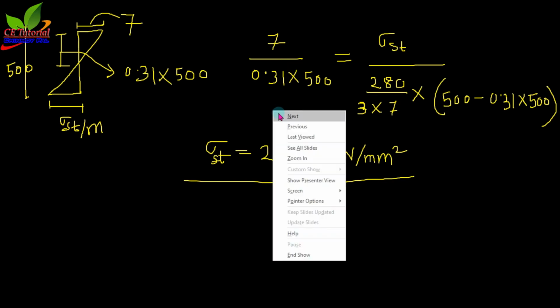Now we have completed the section analysis part, and please keep in mind that our goal is to design the structure, not to analyze the structure. The design of a particular section is more important than the analysis, because ultimately in real life you have to design the structure.